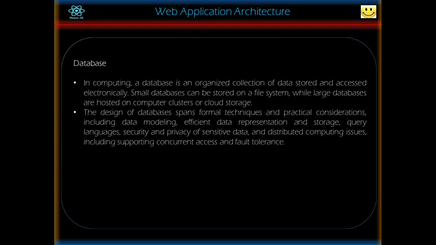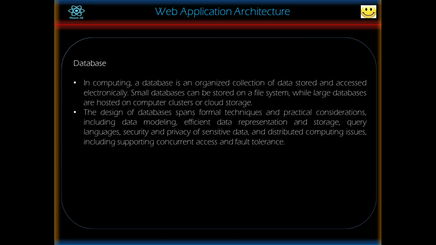Database. In computing, a database is an organized collection of data stored and accessed electronically. Small databases can be stored on a file system, while large databases are hosted on computer clusters or cloud storage.